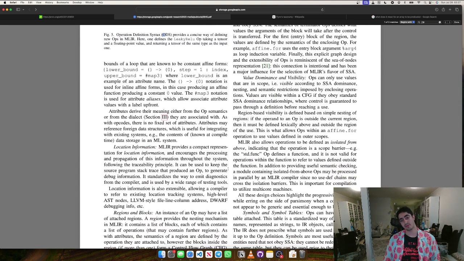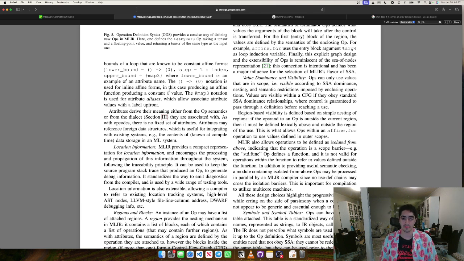Bounds of a loop that are known to be constant are affine forms. Lower bound goes this to this, step that. Next upper bound that to that, where lower bound is an example of an attribute name. The bracket notation is used for inline affine forms. I'm not getting this affine, but let's continue.